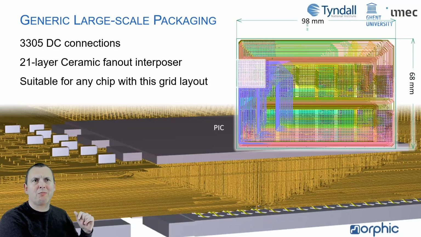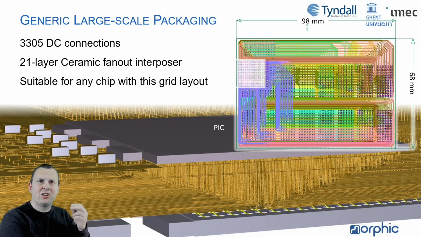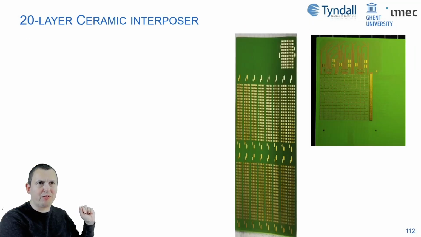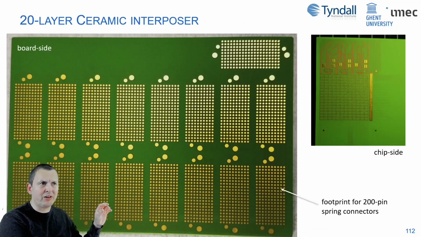This is mostly designed by Tyndall. This is a ceramic interposer, 21 layers, so it's a very complex interposer that can interface up to 3,305 electrical connections to the outside world. So if you have a photonic chip that uses a standard design template for these 3,305 connections, you can basically put it on this interposer, and then the top one, the chip side, is shown on the right.